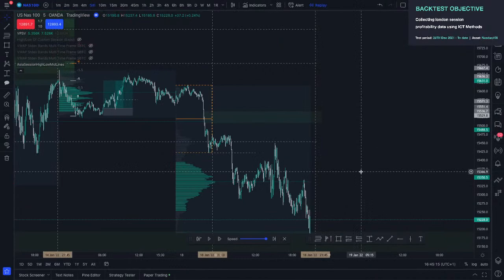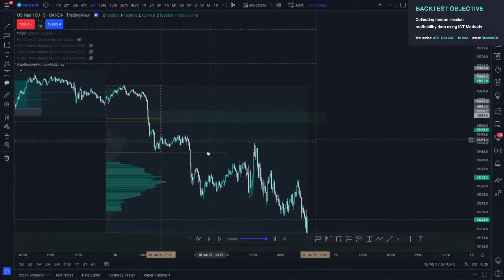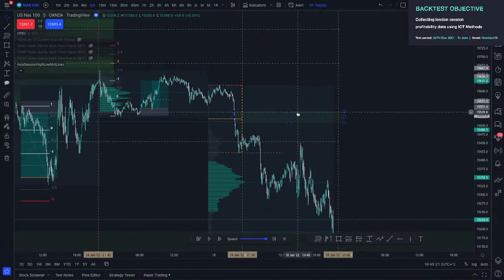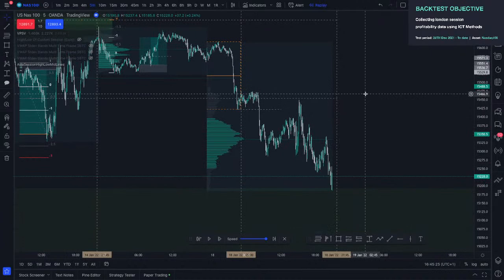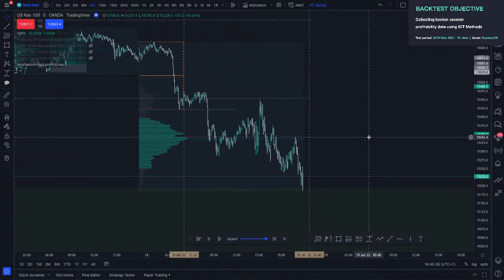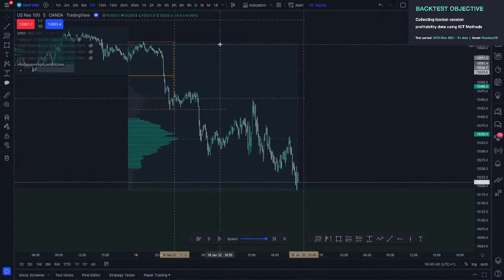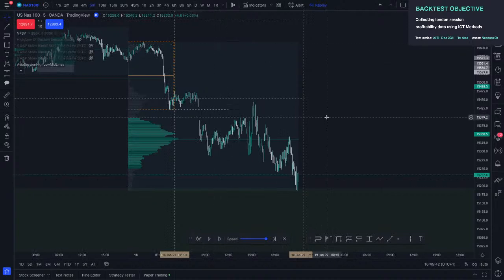So market came back and tapped into this. All right. So let's see what the daily looks like, because the day is finished now. There's nothing.